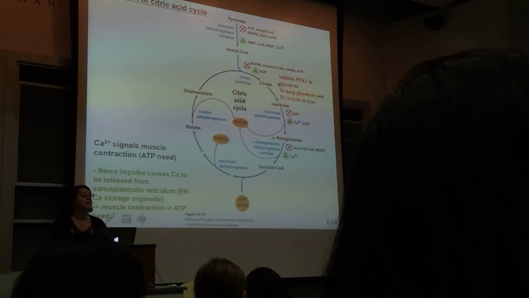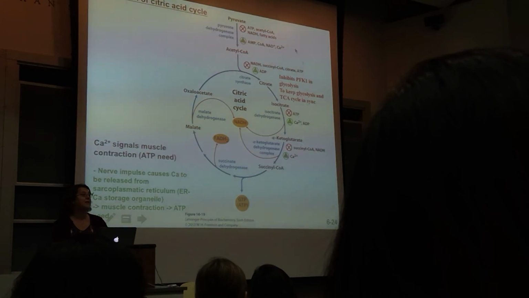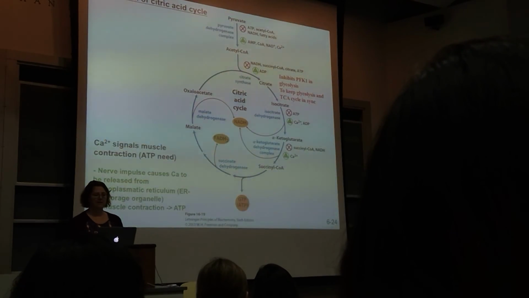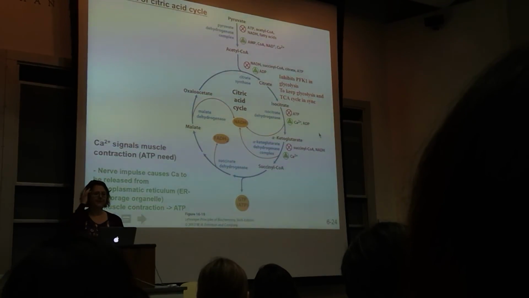If that builds up, you have no reason to be going through glycolysis and the TCA cycle. So it's an indicator to the cell that you don't need to be doing glycolysis. You have sufficient ATP. Okay? So citrate itself can inhibit this PFK1, and then it keeps glycolysis and the TCA cycle in sync.